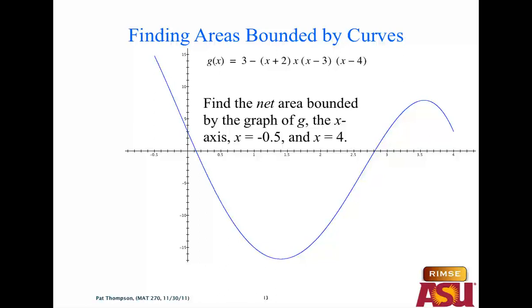If we want to find the net area bounded by this graph and the x-axis, then how can we make sense of g of x? Does g of x relate as an accumulation function or as a rate function to all that we talked about? Would g of x be like an accumulation function or like a rate function? I mean, accumulation. What do you think? Everyone agree with that? I think so.